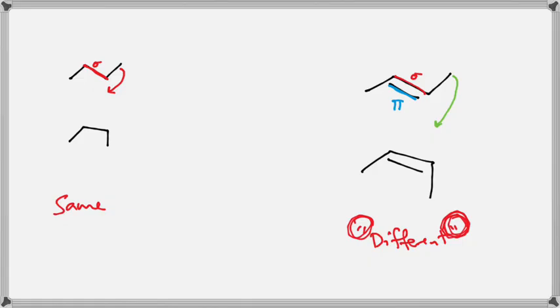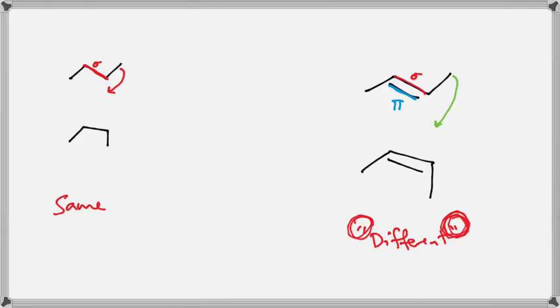Sigma. What happens with the sigma? Freely rotate, not a problem. What's different from a pi versus a sigma? They're stuck on an axis.